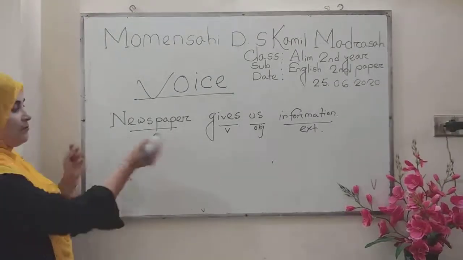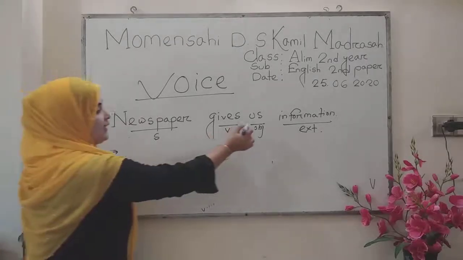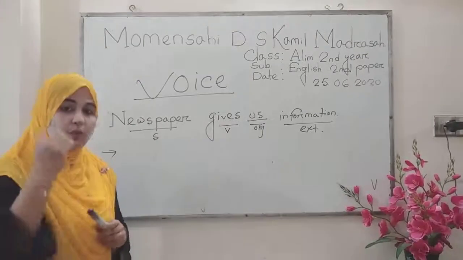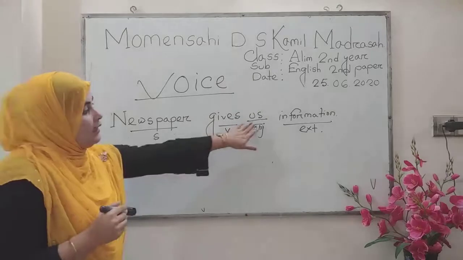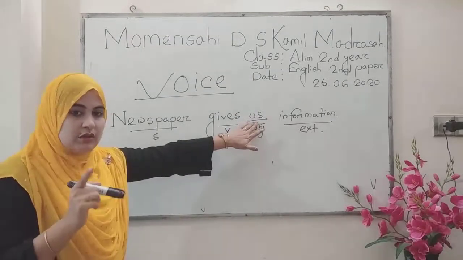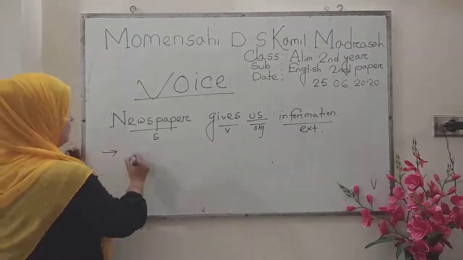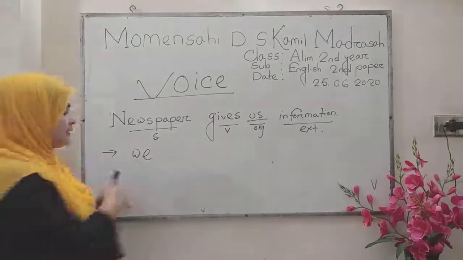Now it is time for me. Now look. Here it is objective form and also a pronoun. You know, it is the object, so you need to transform it. It is the subject. Now we can write here we. You know, it is subjective form.